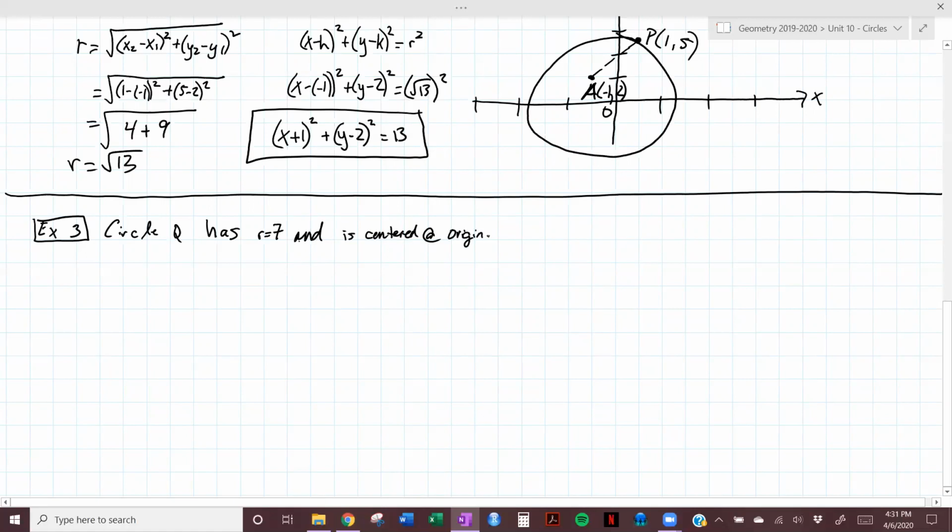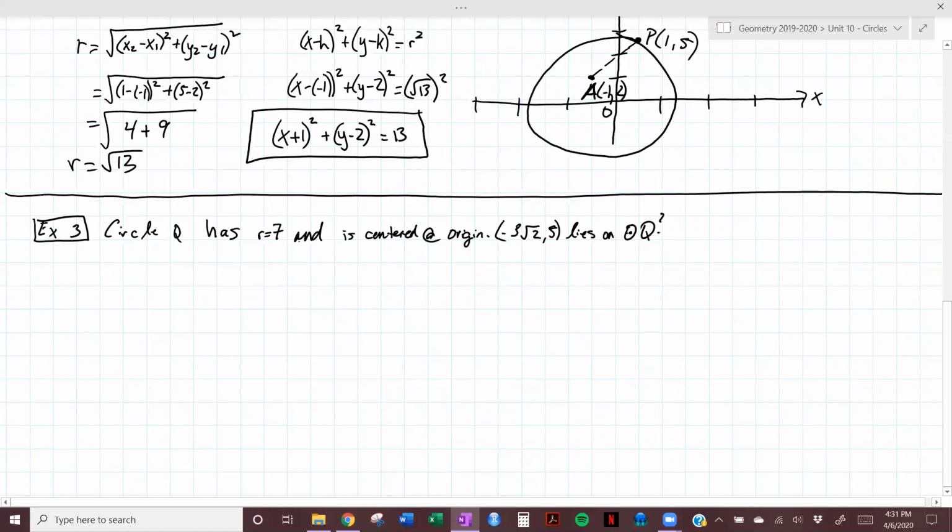We're trying to figure out if -3 root 2, 5 lies on circle Q.